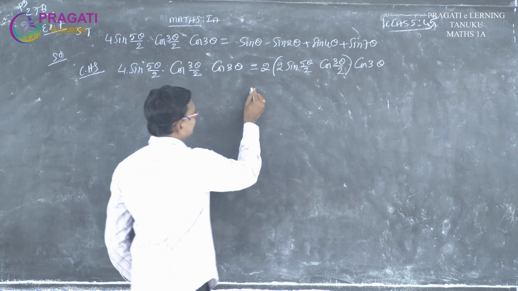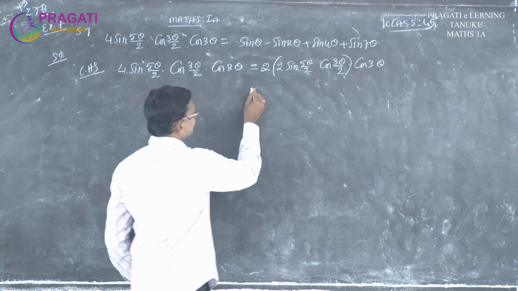Now 2 into sin, here LCM is 2, 5θ + 3θ, then we can write 8θ, plus sin, LCM is 2, 5θ − 3θ, that means 2θ, into cos 3θ.